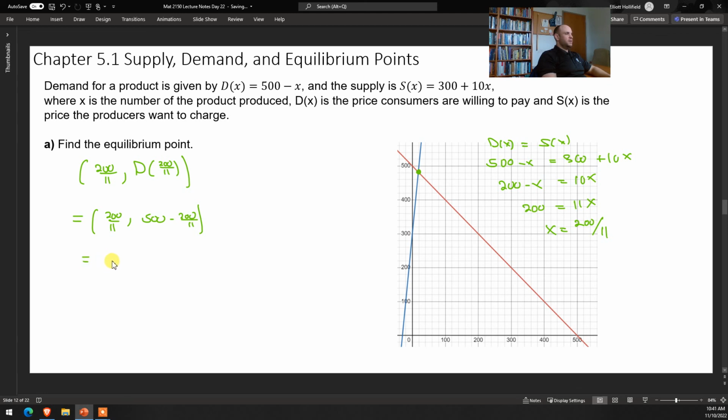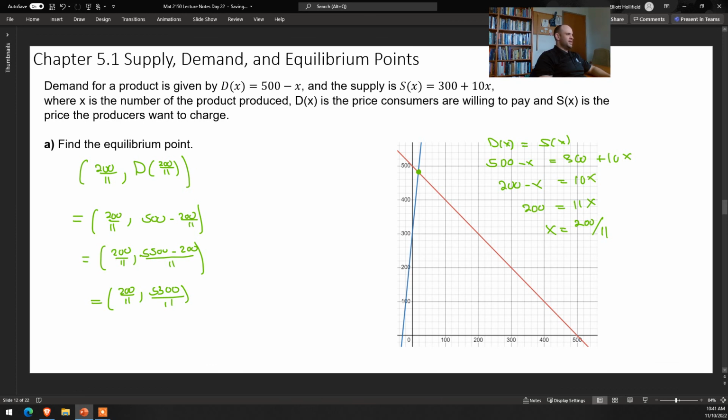So that is 11 times 500, or 5,500, minus 200, divided by 11. Now we can do that subtraction. It's 200 over 11, comma, 5,300 over 11.